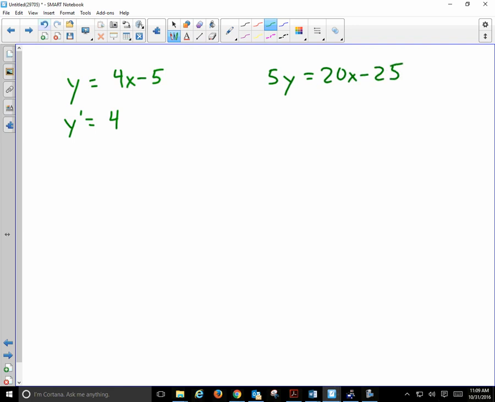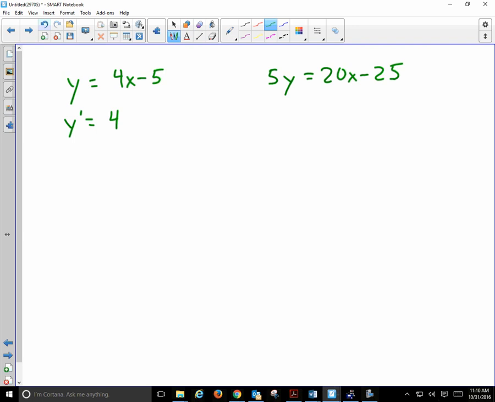Yeah, and so the derivative should be the same. So this is implicit because y isn't solved for yet. And you say, well, just divide by 5. Well, hold on, okay? If I asked you what the derivative of 5y was, what would you tell me? You'd tell me 5, right?